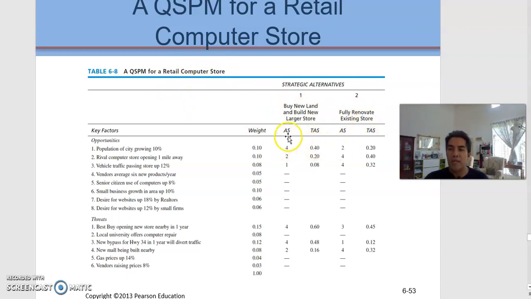So you put in the attractiveness score, 4 as being most attractive to the organization, 1 as being less attractive, and then we calculate the TAS, total attractiveness score, by multiplying the weight and the attractiveness score for each of the strategies. So you put a dash if it is not relevant to that type of strategy.